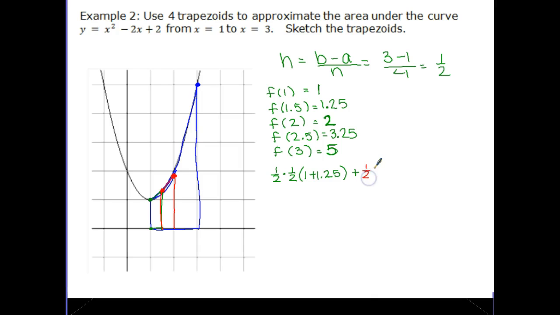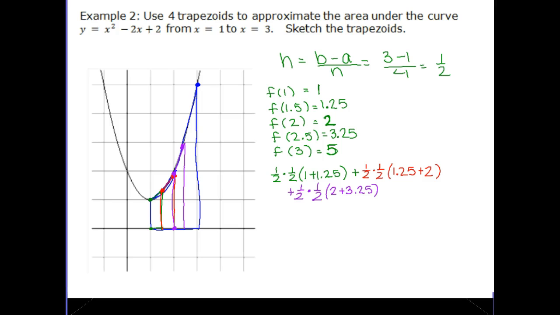So the formula is 1/2, height is 1/2, base 1 plus base 2. Add our third trapezoid. It starts where this one finishes, and then goes to 2.5. So the formula is 1/2, height is 1/2, starts at 2, ends at 2.5. So the heights of the bases are 2 and 3.25.